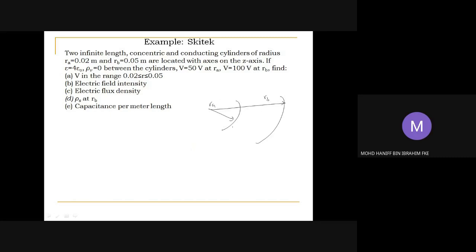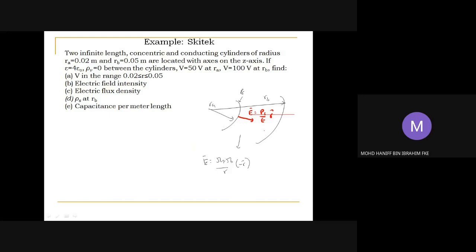So you have learned just now that the E field is equal to 54.56 over R, in the direction of negative R. Based on the boundary condition between the conductor and the dielectric, the E field will be rho s over epsilon in the direction of R positive, because the direction is outward.